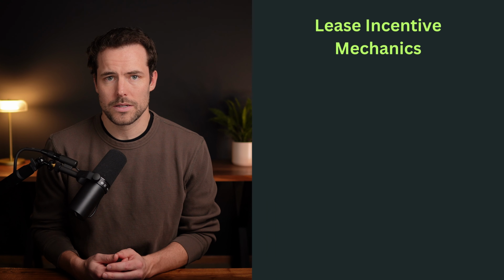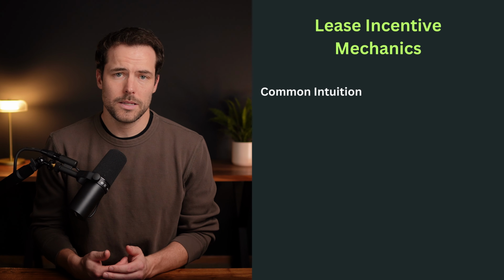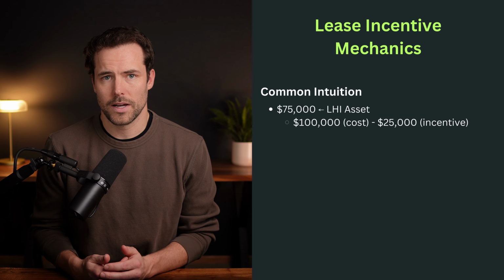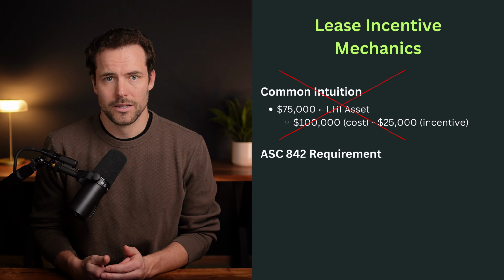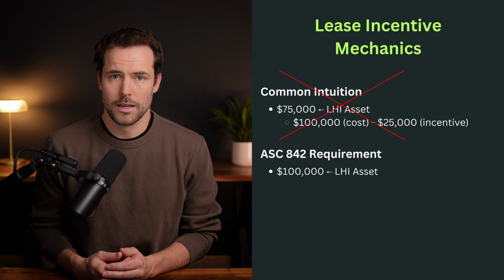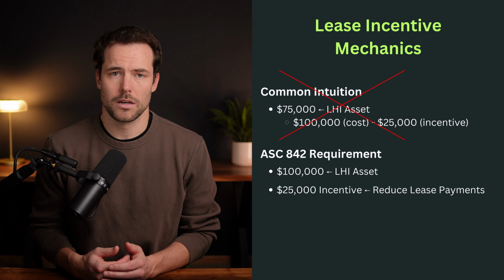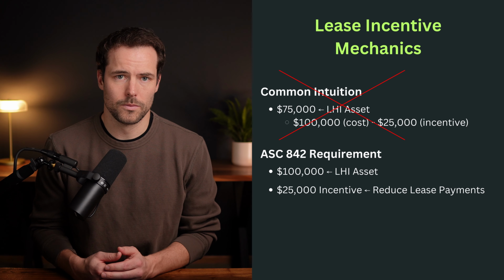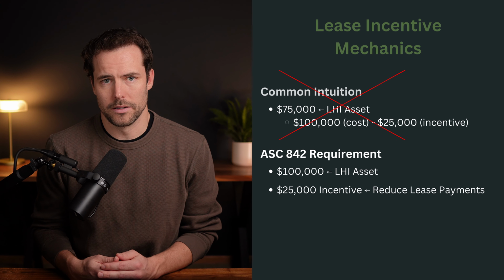If we spend $100,000 and the landlord reimburses $25,000, it seems intuitive to record a $75,000 leasehold improvement asset. But under US GAAP, that's not correct. We record the full $100,000 leasehold improvement, and the incentive is treated as a reduction of our lease payments under ASC 842.